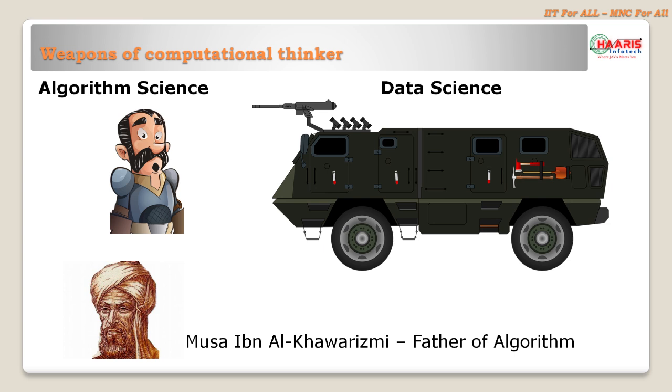Now we are going to enter the proper subject, which is the crux of this entire computational thinking. So we are going to talk about two very important weapons of a computational thinker. One is the science of algorithms, one more is the science of data. We call this data science. The words which we have used initially are big, tough words which are very difficult.